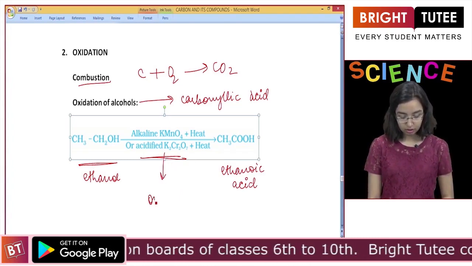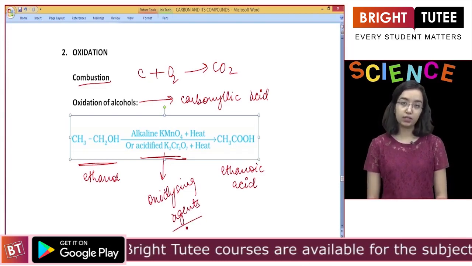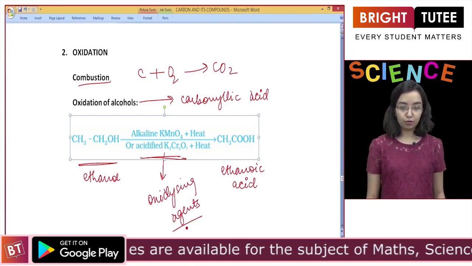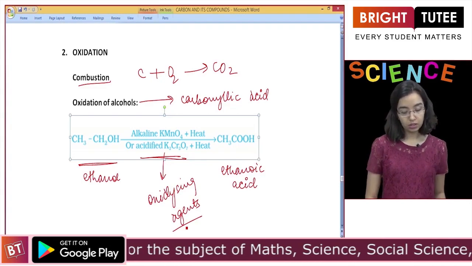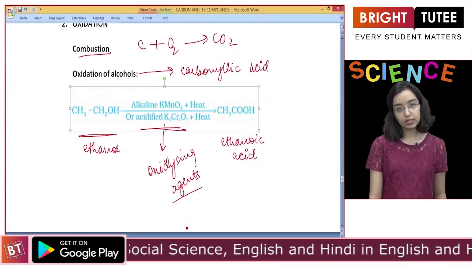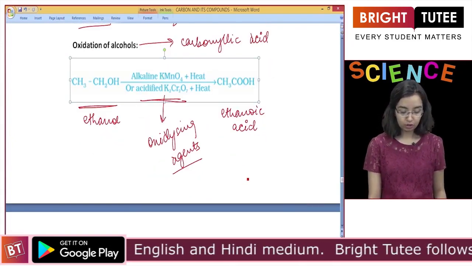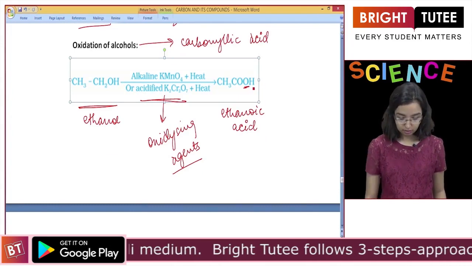These are called oxidizing agents. They help in the addition of oxygen to the compound without participating in the reaction itself. So on heating alcohol, it gets converted into ethanoic acid, and this process is oxidation because oxygen is added here.